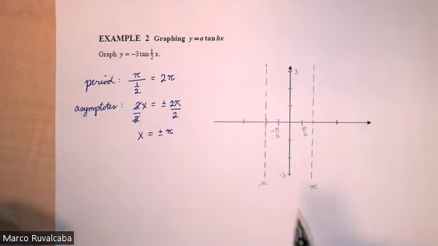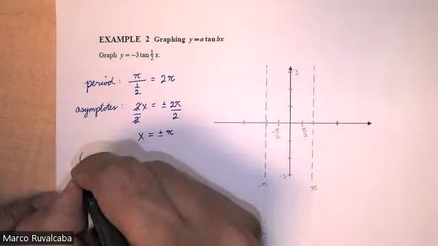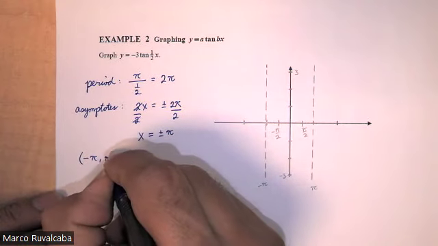And so those are my asymptotes. They're right here. And so the interval in question is between negative pi and pi.